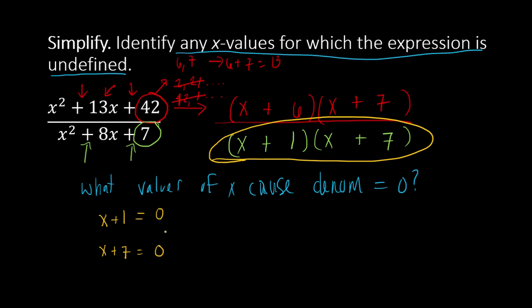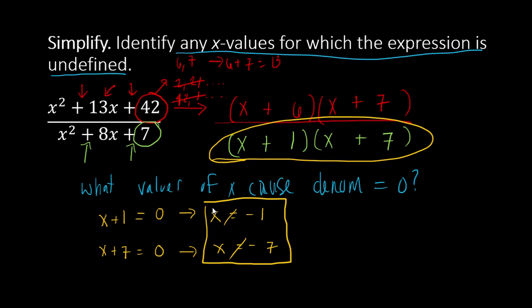So I set each term equal to 0 and solve. In this case, x plus 1 equals 0. If I solve for x, I get x equal to negative 1. For x plus 7, I get x equal to negative 7. So these values are undefined for this function. x cannot equal negative 1 and cannot equal negative 7, otherwise I get a 0 as my denominator, which is an undefined value.